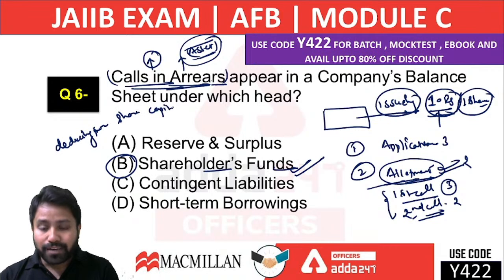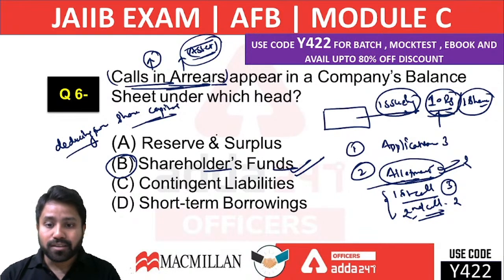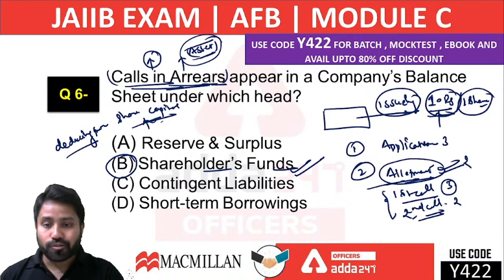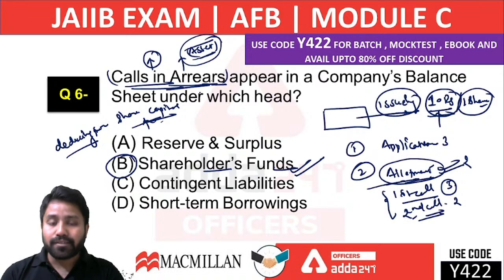So we have to deduct the amount of calls in arrears from the share capital. That's why it appears on the liability side. Now I think everyone understood calls in arrears.